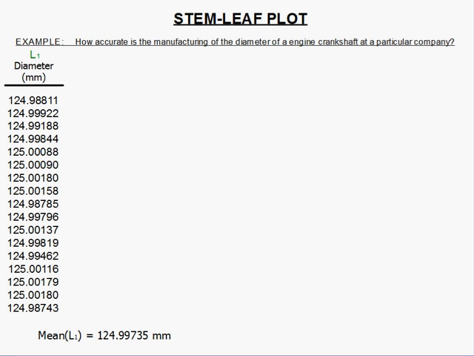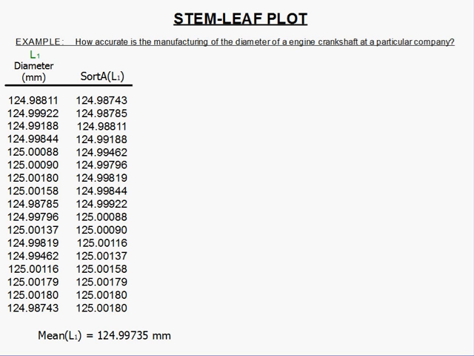We want to make sure that the manufacturing is relatively consistent, for quality control. It looks like it's supposed to be 125 millimeters, but there's always variation in manufacturing. I'm going to sort these, and I have my mean, which is pretty close to 125.